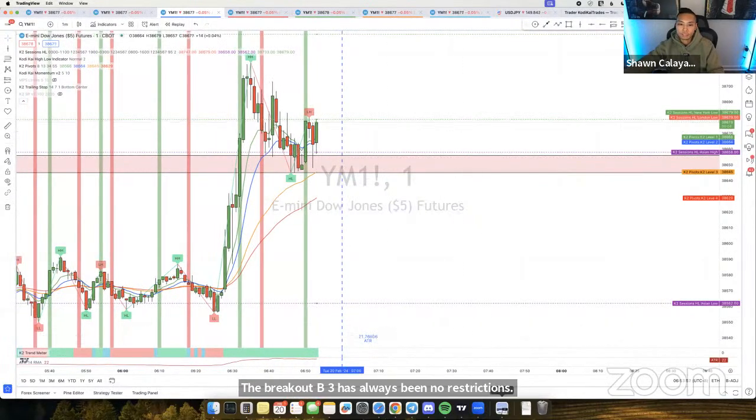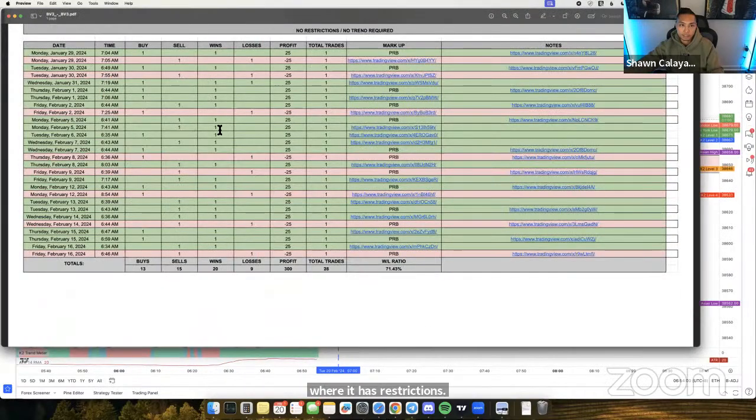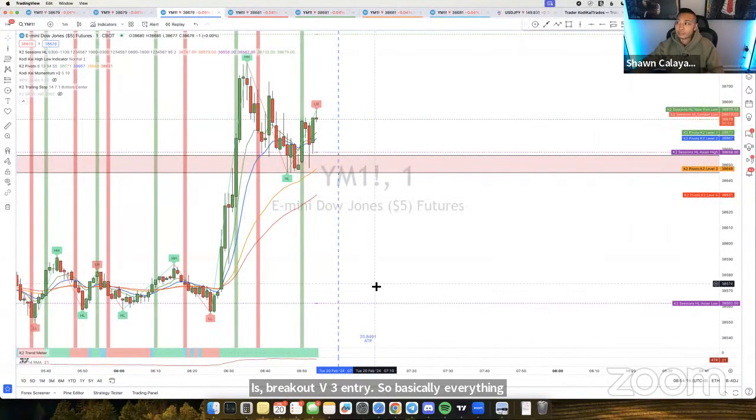And the reason why I didn't apply the restrictions is because from the data that I pulled here, none of them had restrictions. Anything that doesn't say PRB is a breakout V3 entry. So basically everything that I've tested hasn't had any restrictions, and they're slightly different. The actual breakout is different from the continuation.